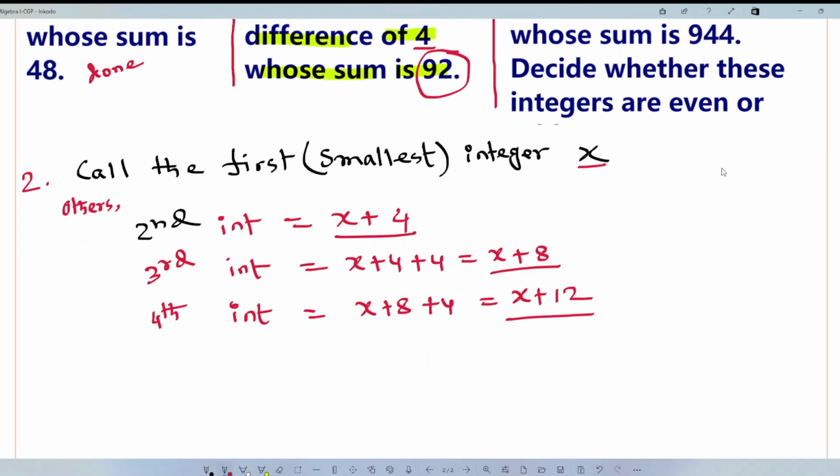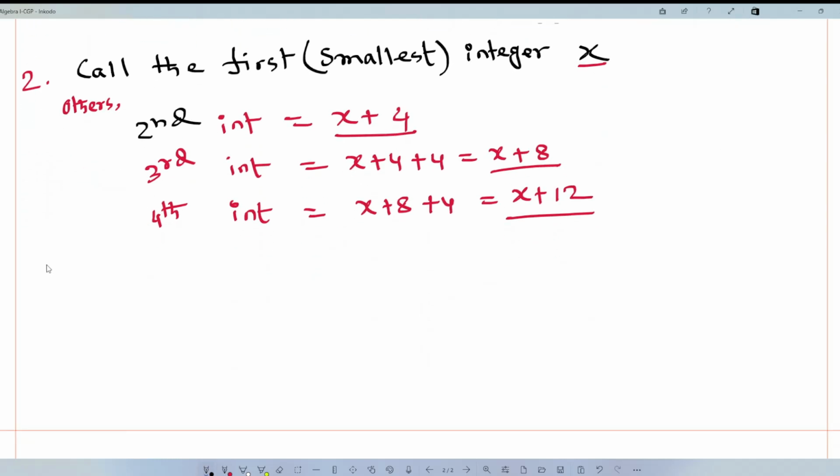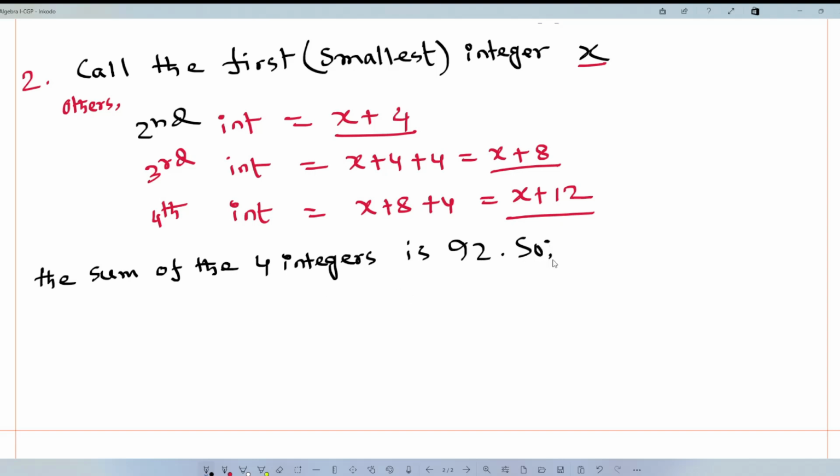So we can write like this: the sum of the 4 integers is 92. So x plus x plus 4 plus x plus 8 plus x plus 12 equals 92.